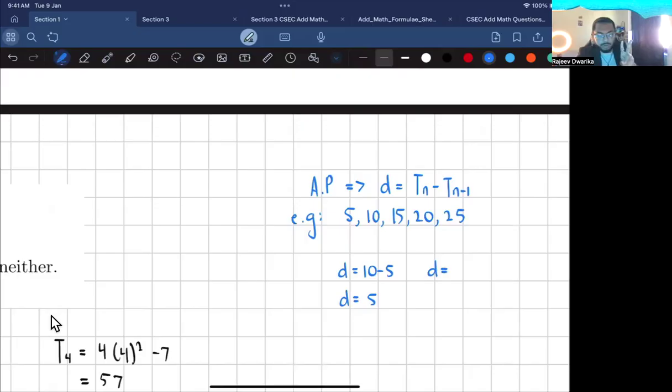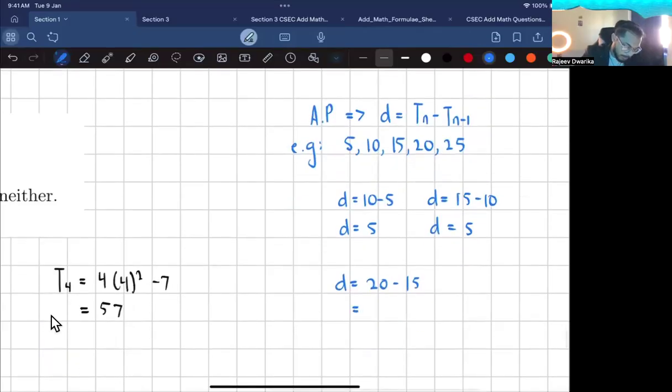Give me an example of two other terms I could use. 20 minus 15, or I could use 15 minus 10. That'll be equal to what? 5. So are all the terms linked together by a common difference? Yeah. So that's how you prove that something is an AP.